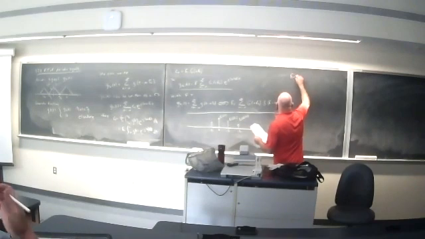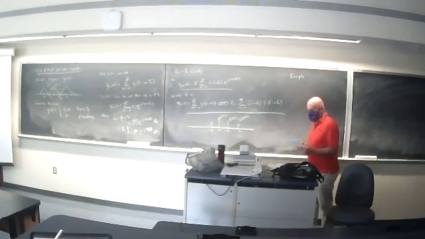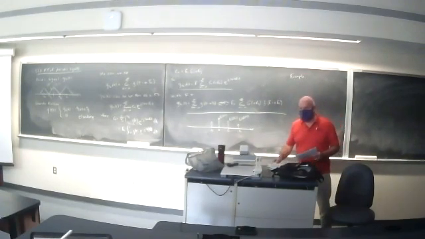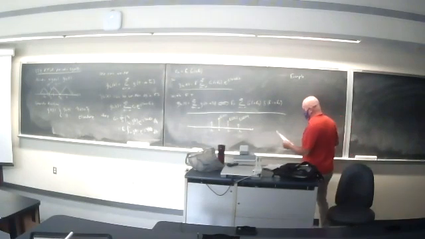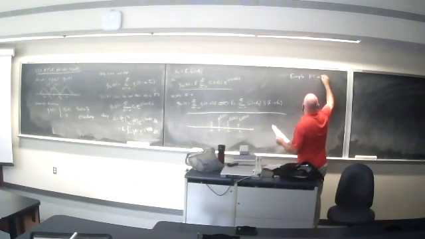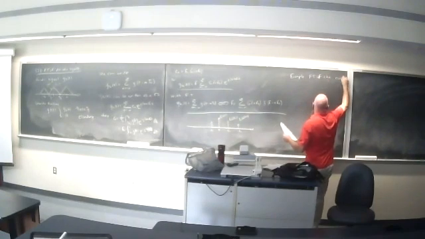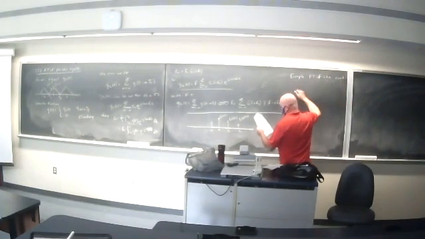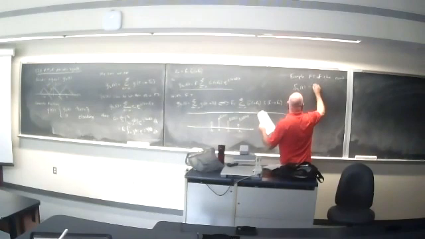Here's a result that we'll use when we get into talking about sampling and converting analog signals to digital signals. Find the Fourier transform of the comb function. So the comb function, one notation for it is this.